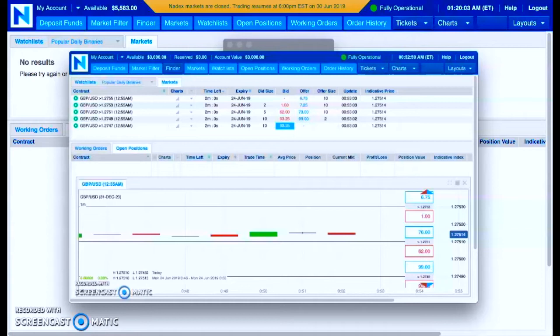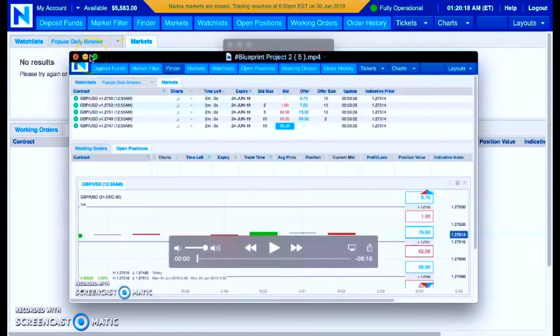At this point, it doesn't really make a difference. The bottom line is that I had a total of 5 trades, all winners, and those trades collectively produced a profit of 2583, which is what I'm about to withdraw right now.